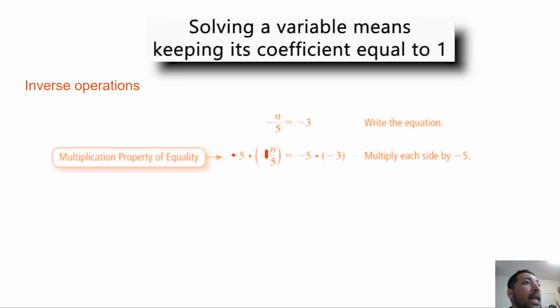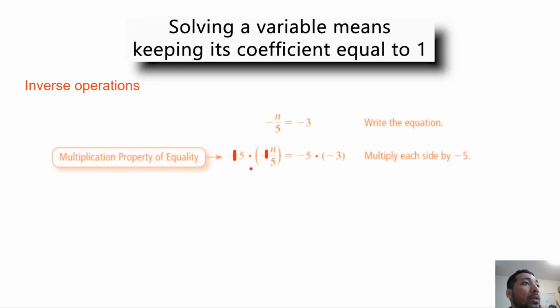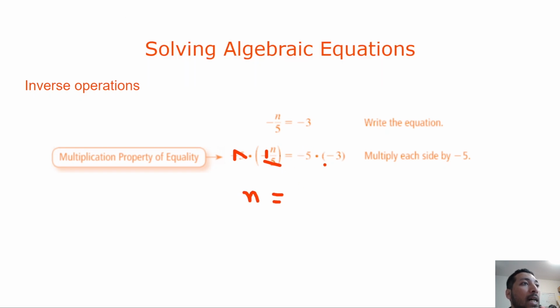These two negative signs cancel each other out, and the 5s cancel each other out. So we have n equals negative 5 times negative 3, which is positive 15. So our solution is n equals 15. Remember, if you have a negative sign, we always multiply by a negative number to cancel that negative sign.